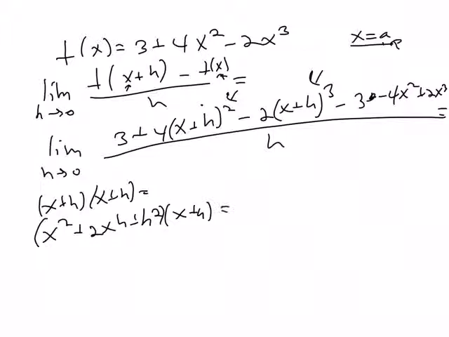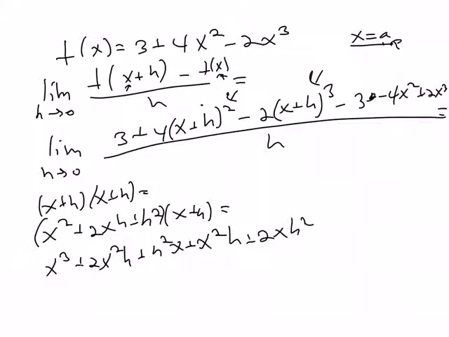So this is equal to x to the third plus 2x squared h plus h squared x plus x squared h plus 2xh squared plus h to the third. Okay, so now let's write what this is.